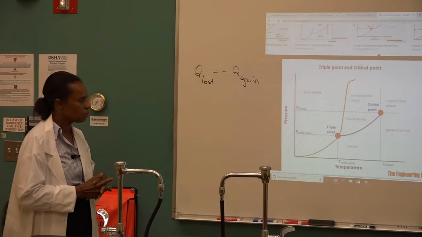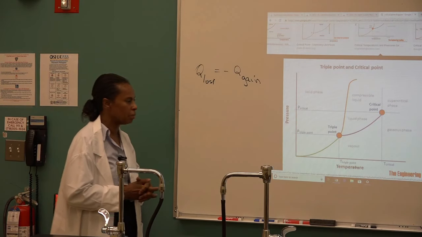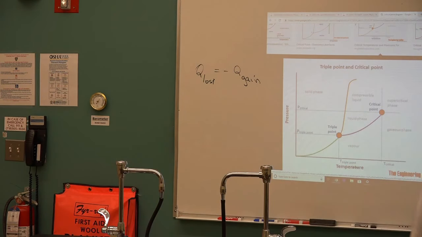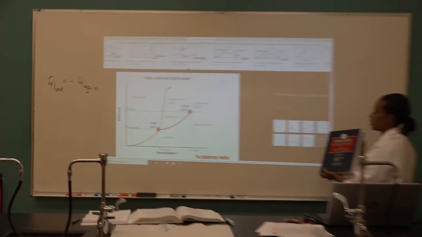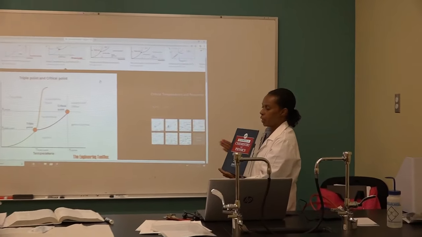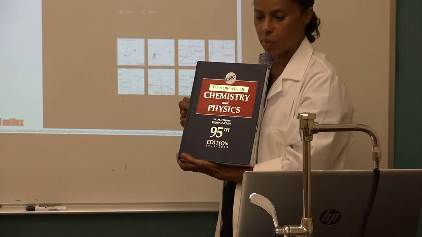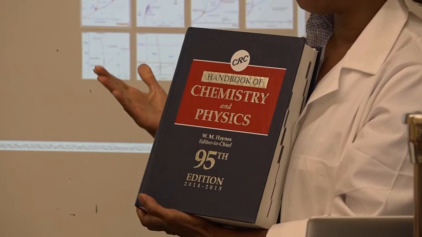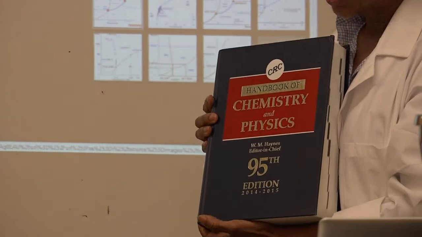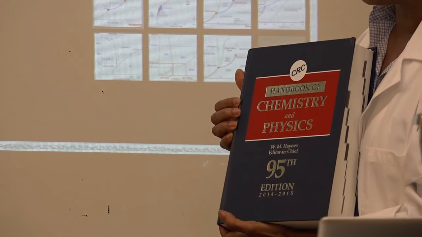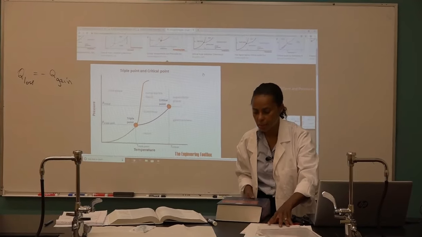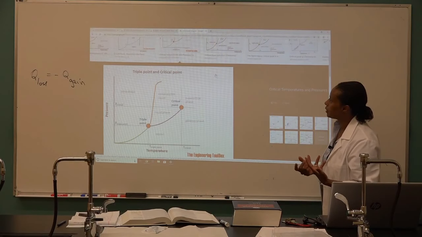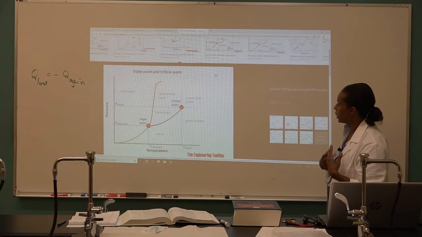You're going to be exposed to some of these materials, and in the handbook of physics and chemistry, we have listed the specific heat of all the materials we're going to be using. This handbook will help you when you're looking for the specific heat of a specific material, so that you can determine whether that material is going to absorb heat easily or emit heat easily.